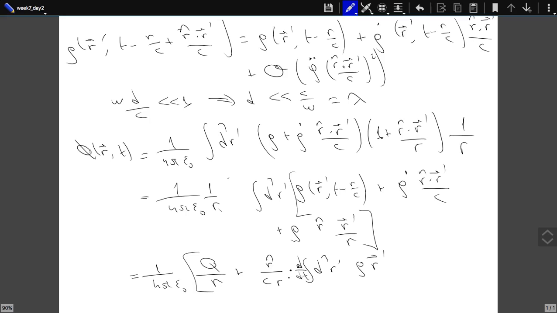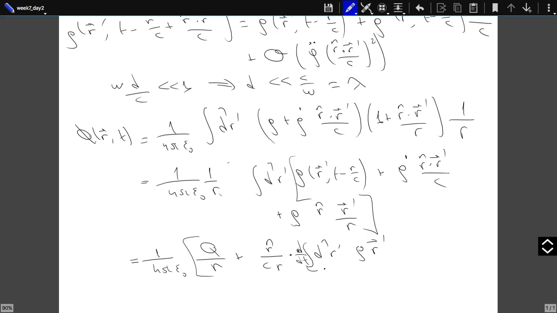Now, is this integral familiar to you? It's the electric dipole moment. No, it's the charge density multiplied by its distance. It's the electric dipole moment.